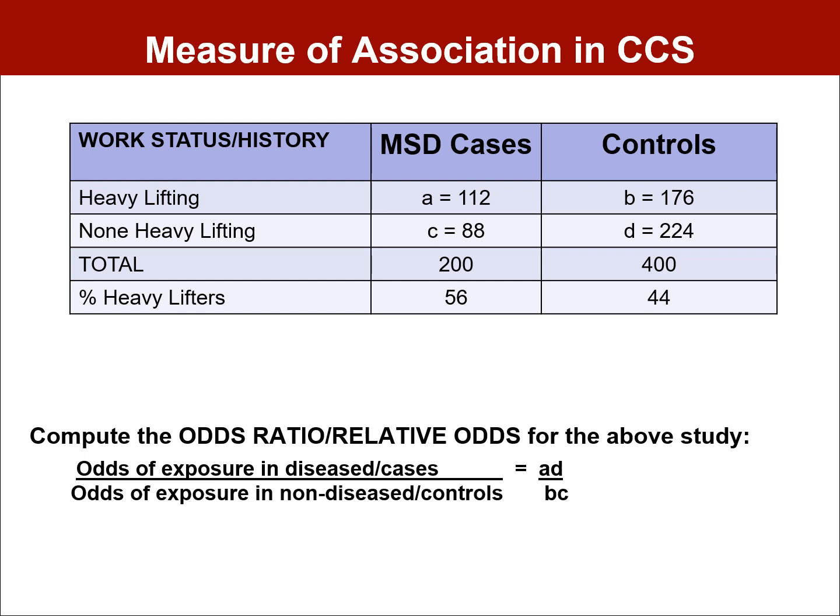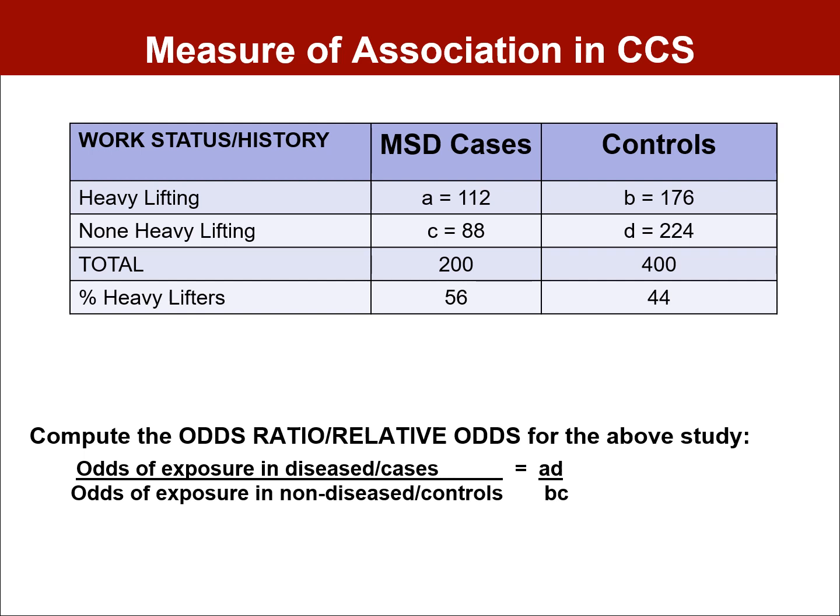The number of people who have the musculoskeletal condition that do not have a job that entails heavy lifting is cell C, which is 88, and the last cell will be those who do not have the musculoskeletal disease and do not have a work status or history that involves heavy lifting, which is cell D, which is 224.